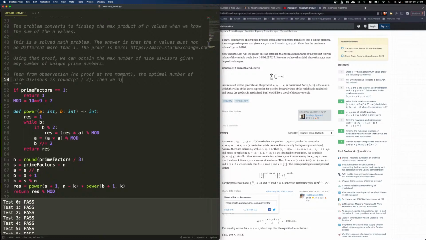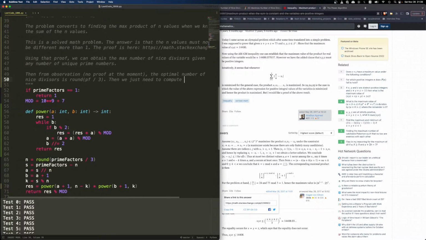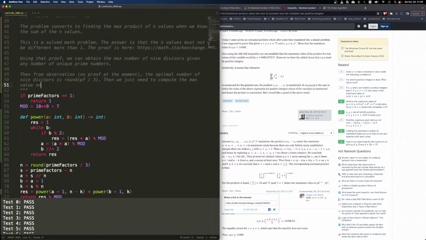Then we just need to compute the max value once.